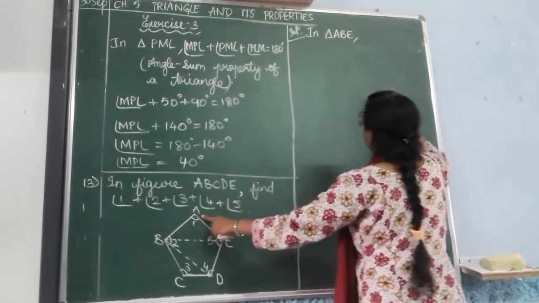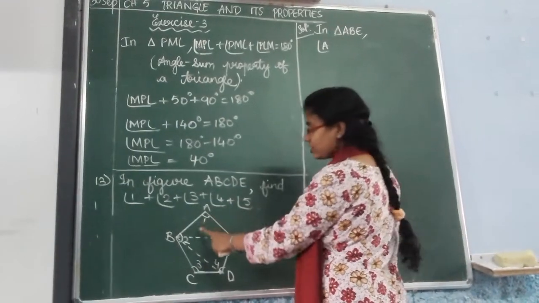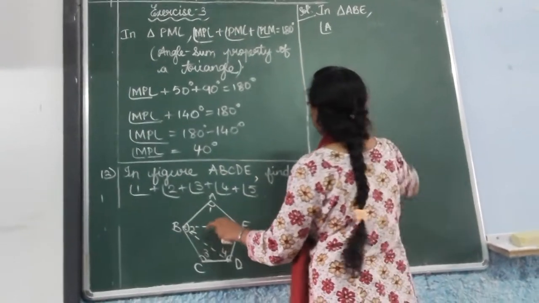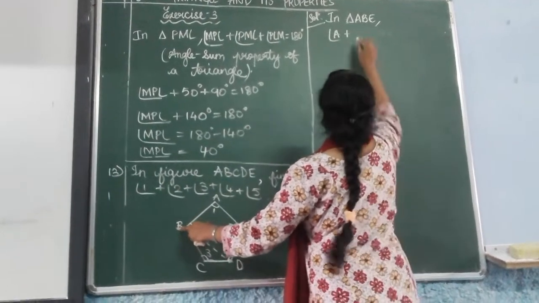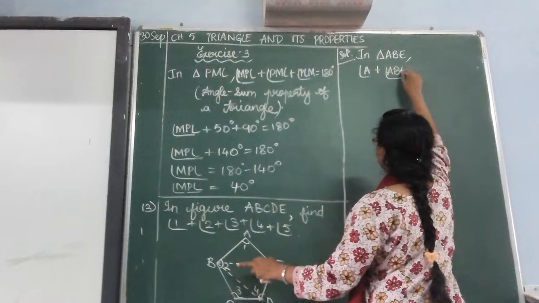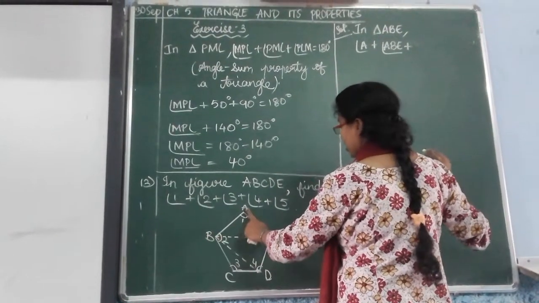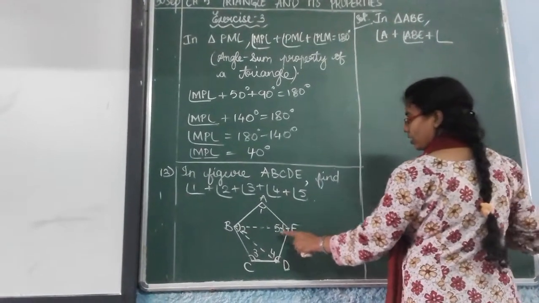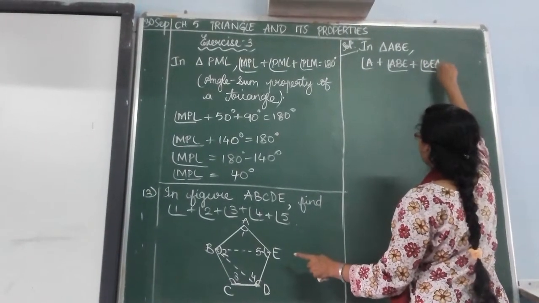The first thing what we are going to do is angle A. We are writing angle A as it is because the lines which are given in the figure are already there. Plus angle B, I am going to write it as angle ABE. Okay, dotted line came this side, so we wrote this as ABE. Now this side, we are going to take angle BEA.